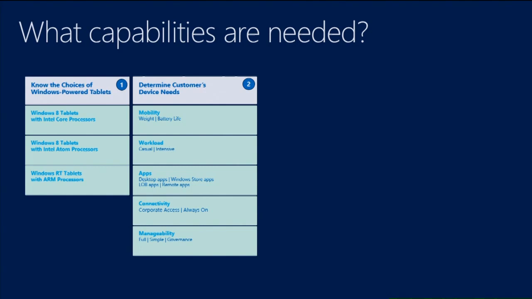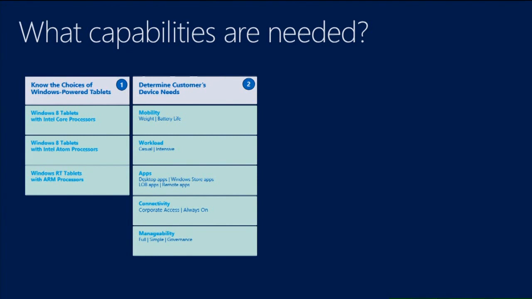The connectivity requirements: do you require access to the corporate network? Do you just want access to the internet? Do you need always-on access, which we provide through Connected Standby, which we're now starting to call Instant On? What type of connectivity do you want? And then on the manageability side, do we want the full manageability that we're used to with group policy, with System Center Configuration Manager, with tools like that?